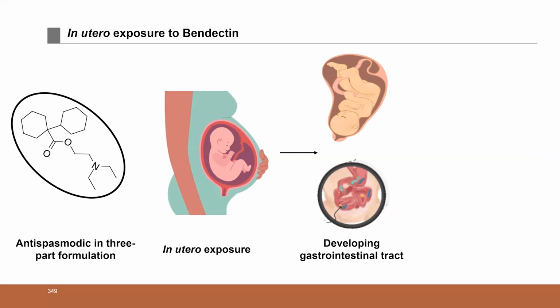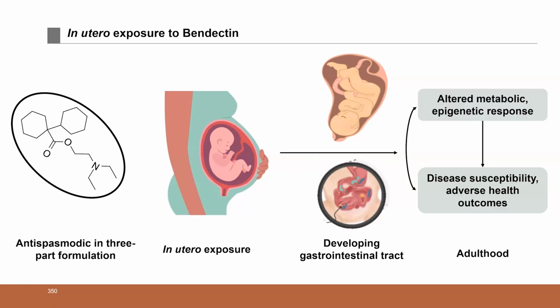Exposure to Bendectin in utero, and specifically to dicyclamine contained in the 3-part formulation, may target the developing gastrointestinal tract and contribute to higher rates of colorectal cancer among offspring exposed in utero in the 1960s. In utero exposure may also alter metabolic and epigenetic responses that increase susceptibility to diseases in adulthood, including colorectal cancer.